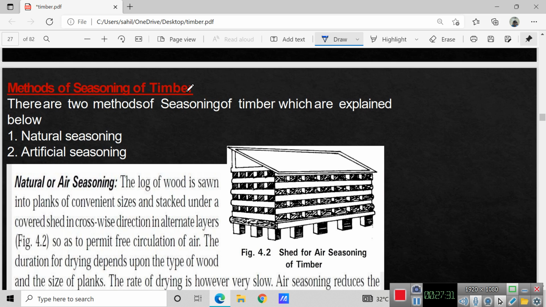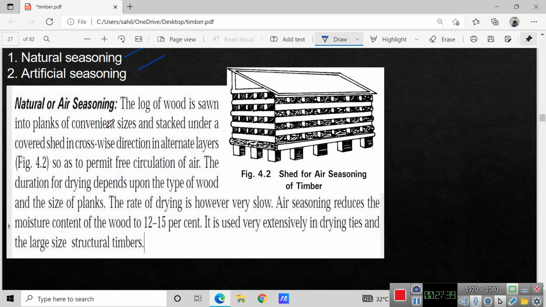Methods of seasoning can be classified into two types, that is natural and artificial. Now, natural or air seasoning: the log of wood is sawn into planks of convenient sizes and stacked under a covered shed in crosswise direction in alternate layers. Here you can see that it is laid in a special form.